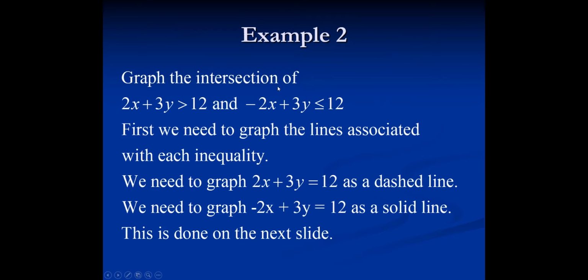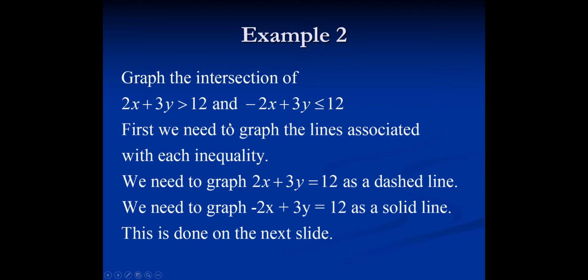Now, what I want to try to do now is graph the intersection of two of these. So now we're getting to the big leagues here. Intersection of two of them. Well, to do that, you want to literally graph this inequality, graph that one by the techniques just discussed, and then look at what they have in common.